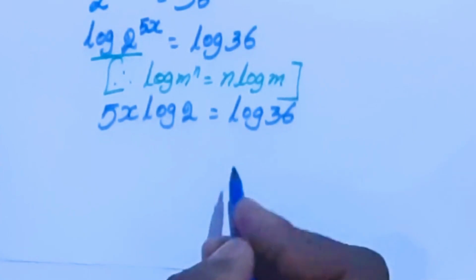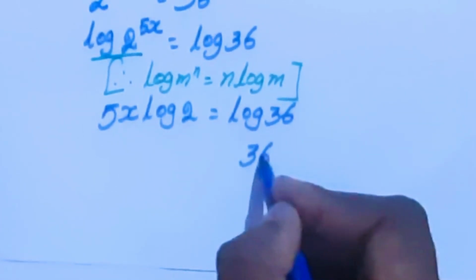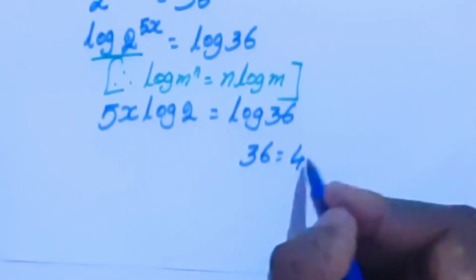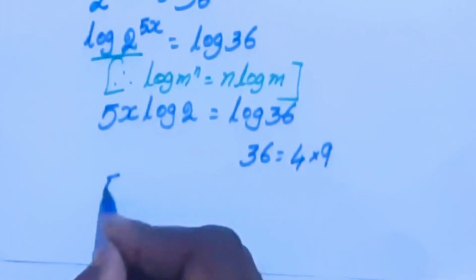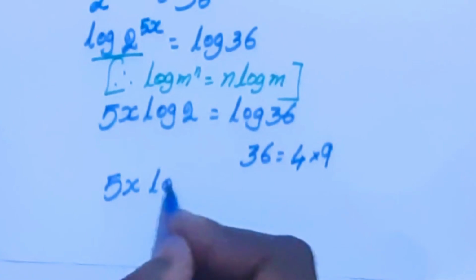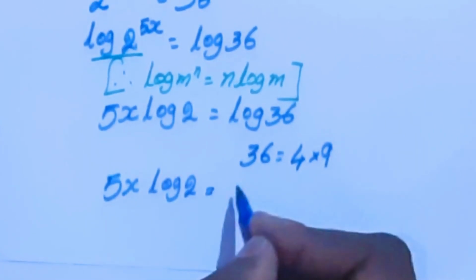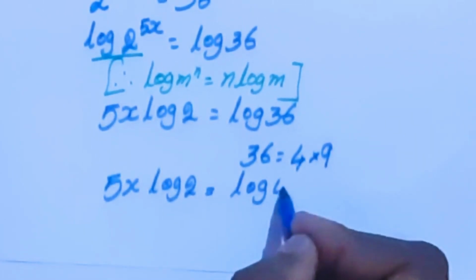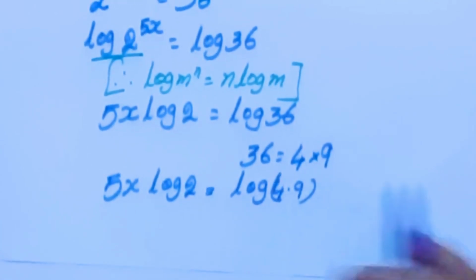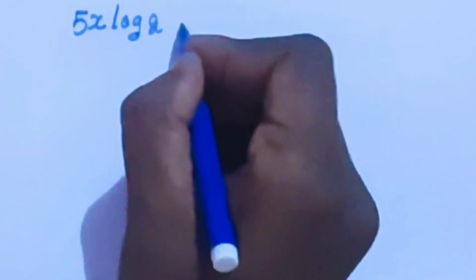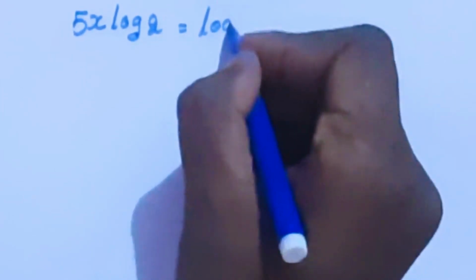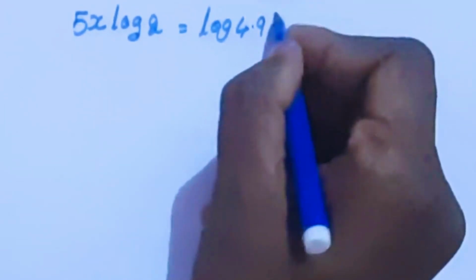36 can be written as 4 times 9. So 5x log 2 equal to log 4 times 9.